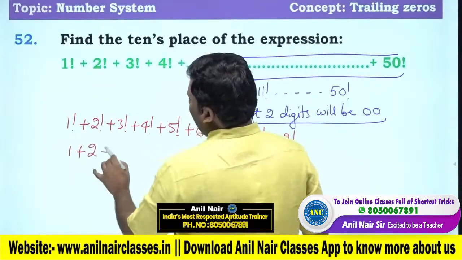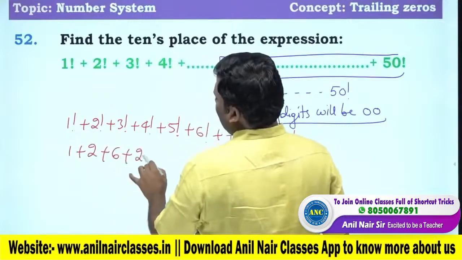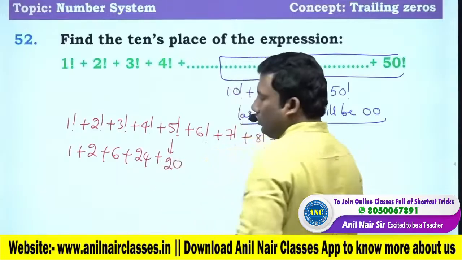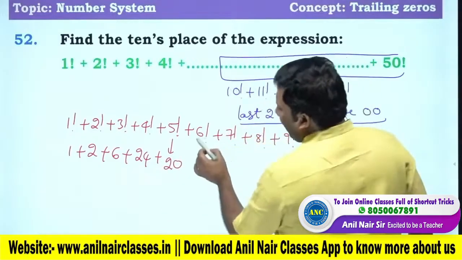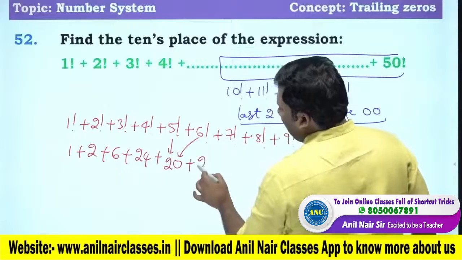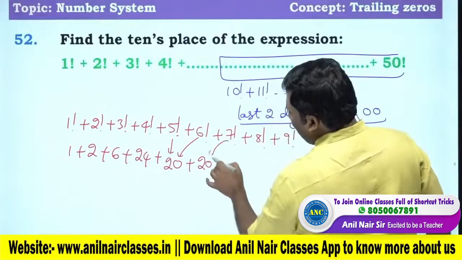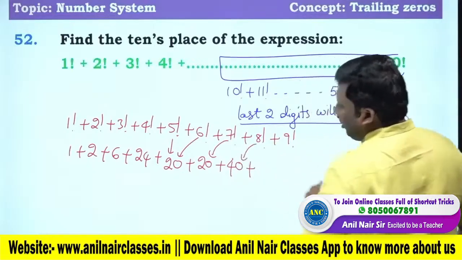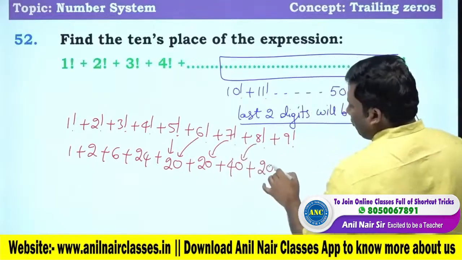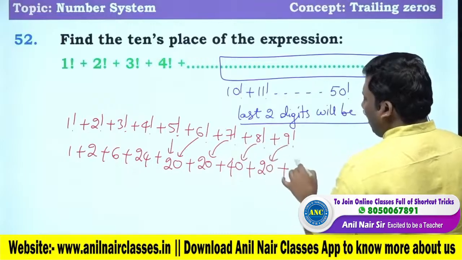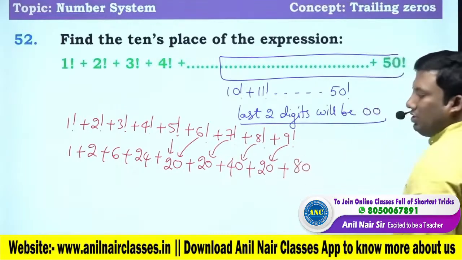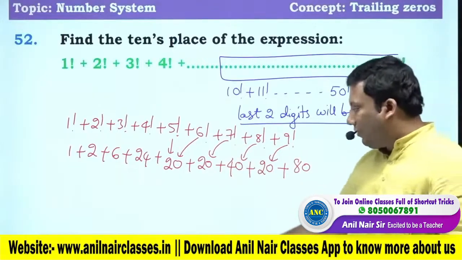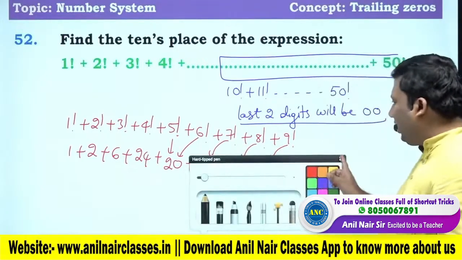These are all easy values. 6 plus 24. 5 factorial is 120. 6 factorial, 6 into 20, 120. 7 factorial, 7 into 20, 140. 8 factorial, 8 into 40, 320. 9 factorial, 9 into 20, 80. Just by looking at the question itself, you are getting the last two digits very easily.